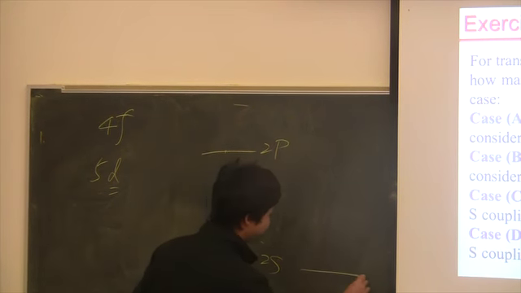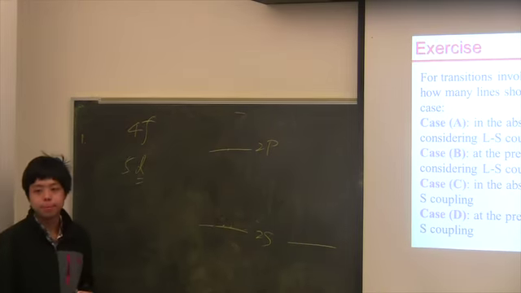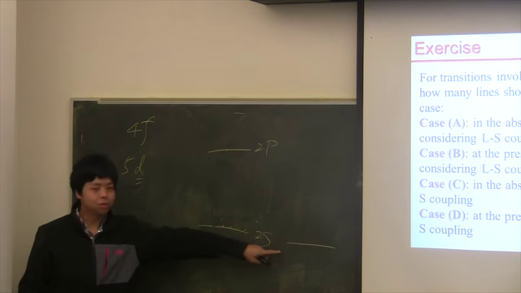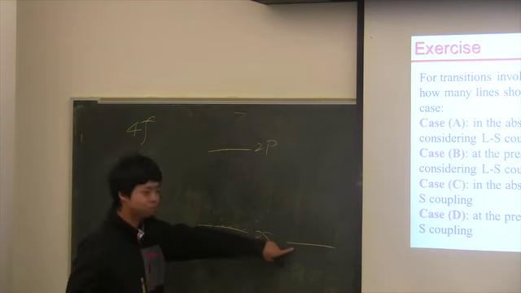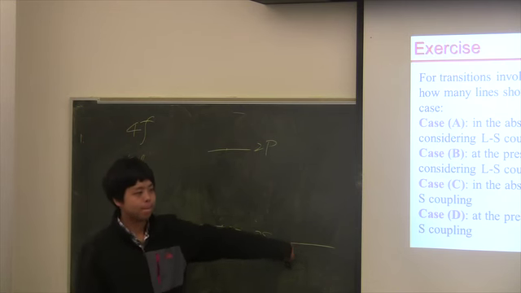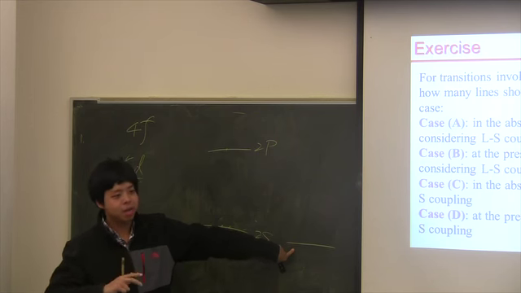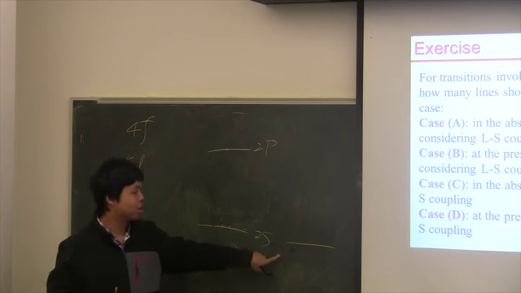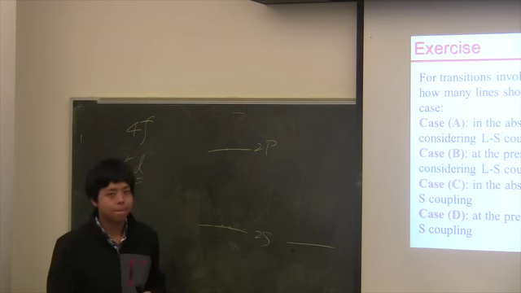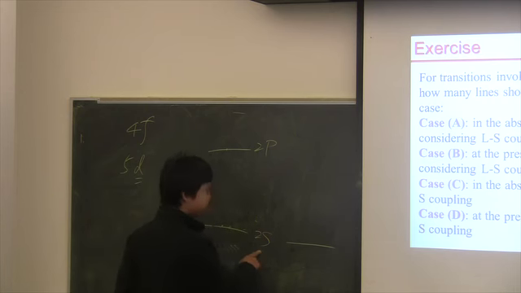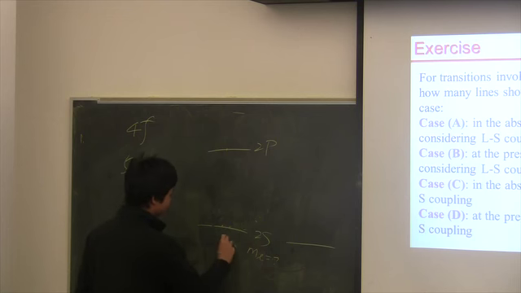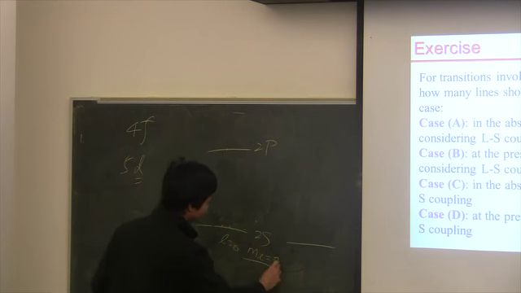Just one. If without LS coupling and just a magnetic field, the energy state will split according to the number ML. So 2s, what's the ML? Think about what's ML. L equals 0, so ML equals 0 only. So that's why we only have one state.